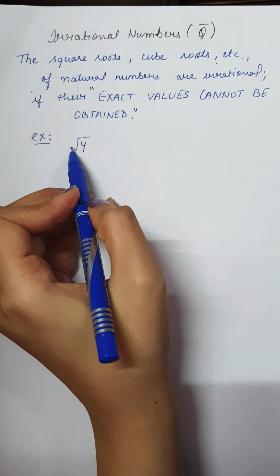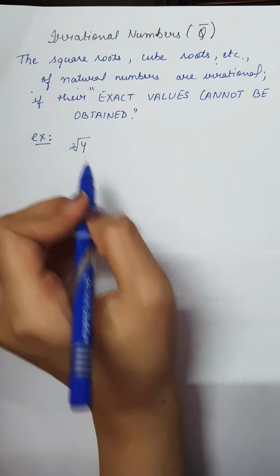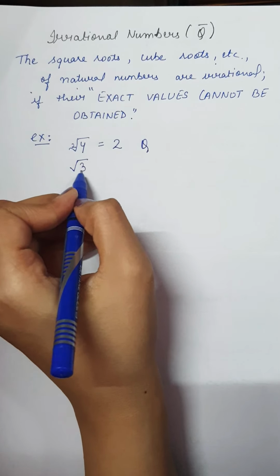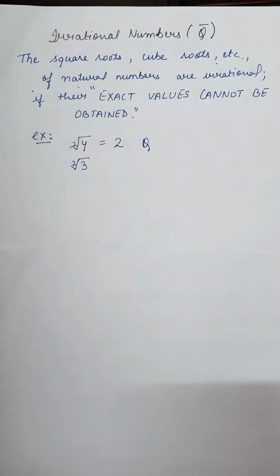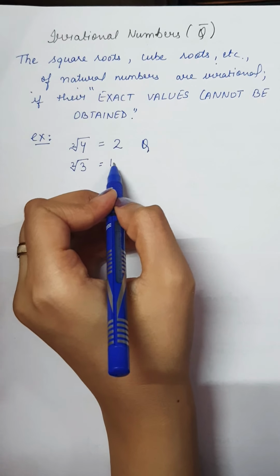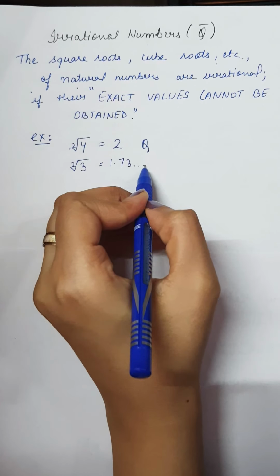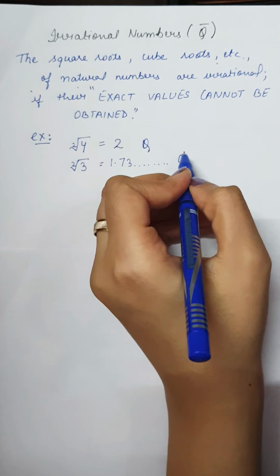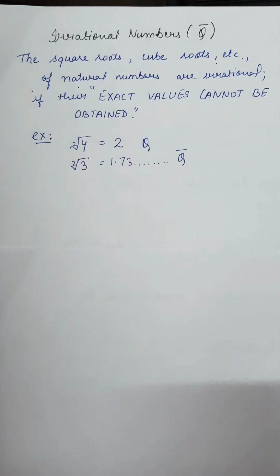If I am not writing anything here, that means it is a square root by default. It is 2, an exact value, so it is going to be a rational number, right? If I write under root 3, square root of 3, it will come as some decimal 1.73 and so on, never ending. So it is going to be an irrational number.